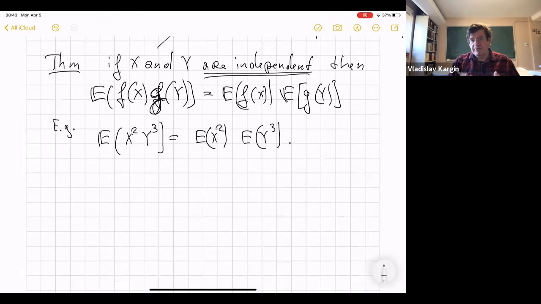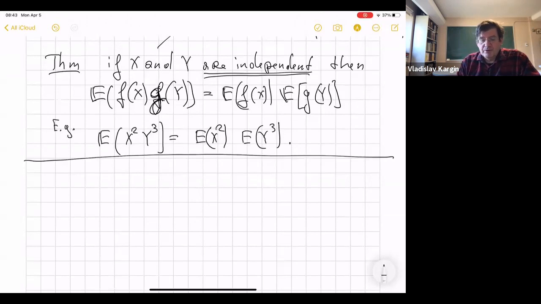I said many times before that if you have independent random variables, now we know what it means, then the moment generating function for the sum of these two random variables is equal to the product of the moment generating functions of each of them, and we used it to derive many results before.